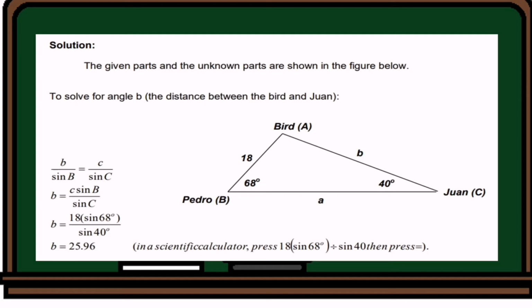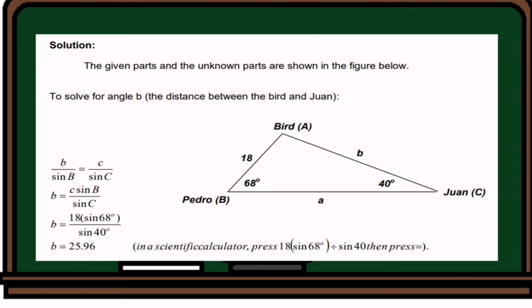Solution. The given parts and the unknown parts are shown in the figure below. To solve for side B, the distance between the bird and Juan, we will use B over sine B is equal to C over sine C. Then, solve for B. How will we solve B?